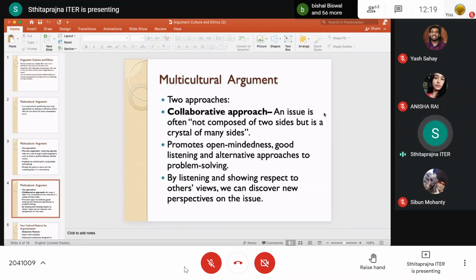You will be able to discover new perspectives, and when you're listening, you're also enhancing your interpersonal relationships, because when you listen, the speaker feels elevated, feels good about himself or herself, and it enhances his or her confidence.